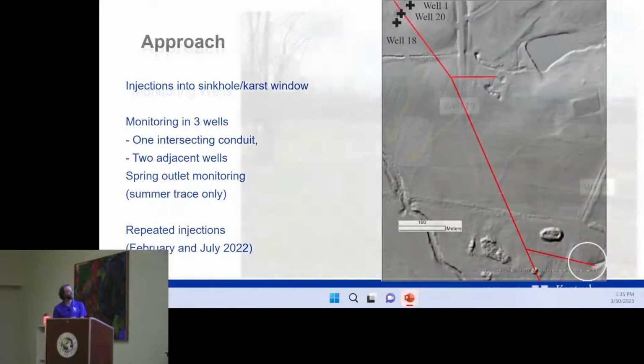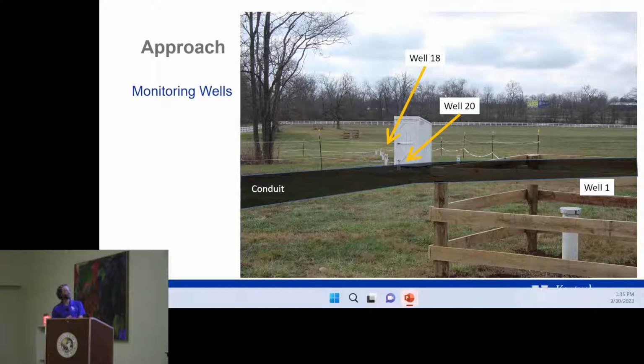If we superimpose roughly where that conduit is on this system, it goes right through well 20 and two other adjacent wells that we're not going to talk about in this talk, and completely misses all of the other wells that we're looking at. So we have two that are adjacent, and the one that's in the conduit itself.